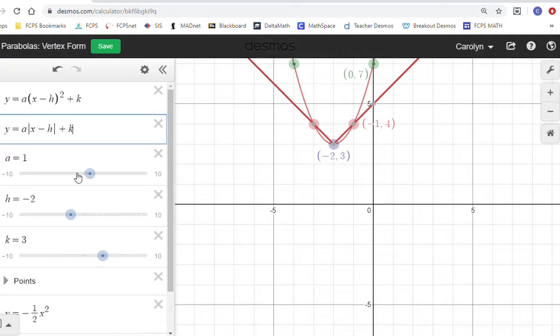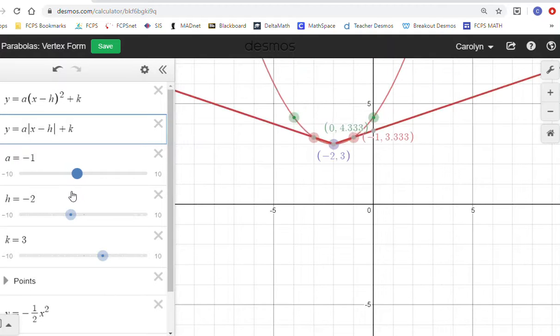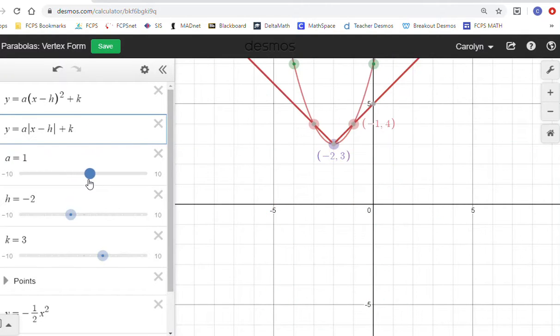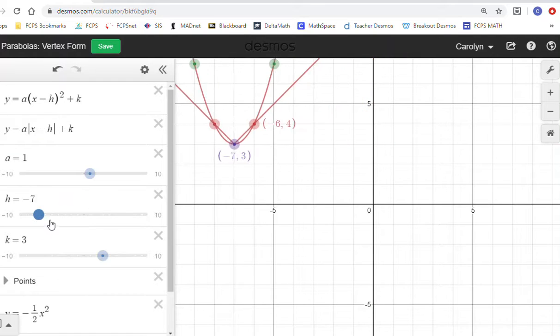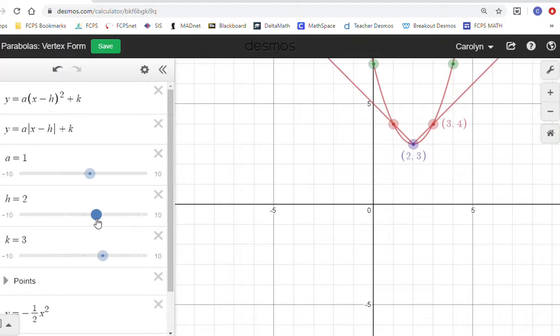It's the same thing, but it's a different shape. Guys, A, H, and K, same thing, no matter what the shape. You just have slightly different points that you're moving around.